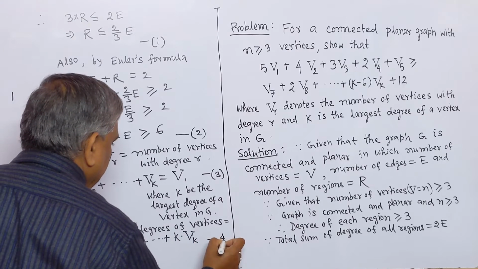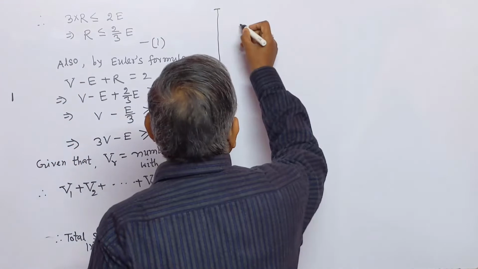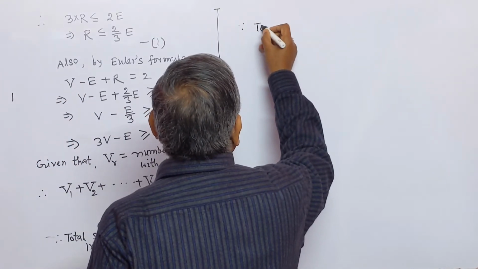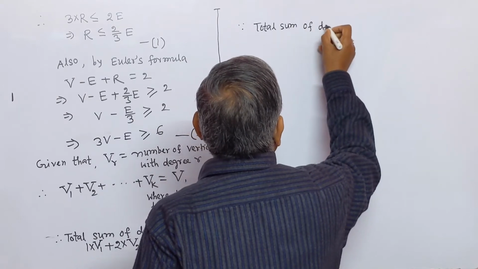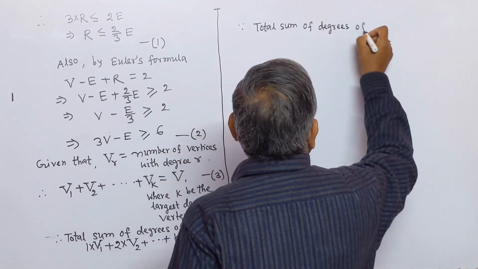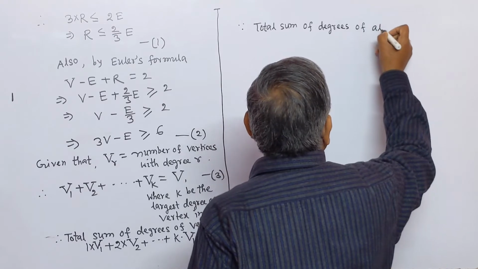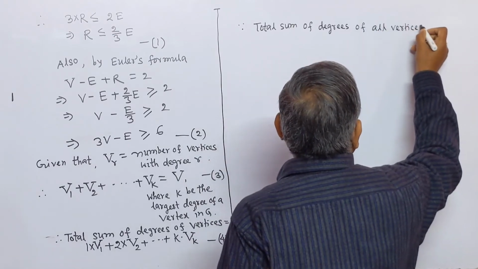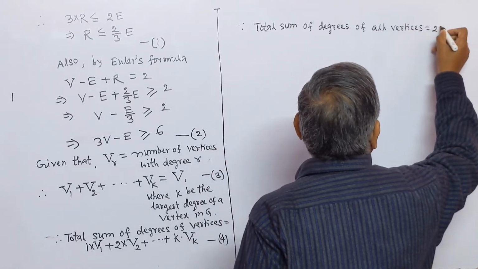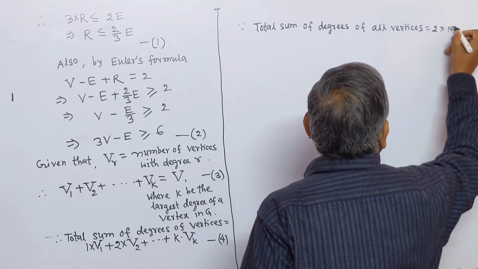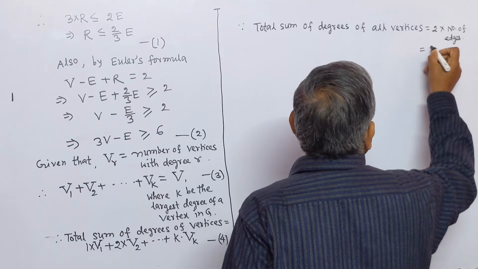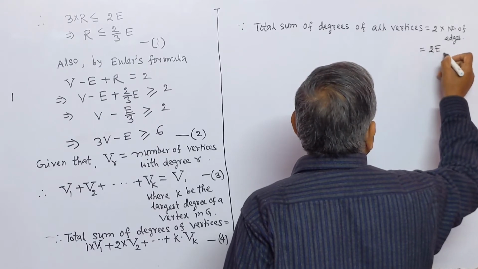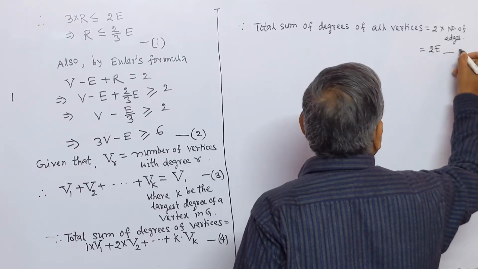Let this be number 4. Since the total sum of degrees of all vertices equals 2 multiplied by the number of edges, equal to 2E. This is number 5.